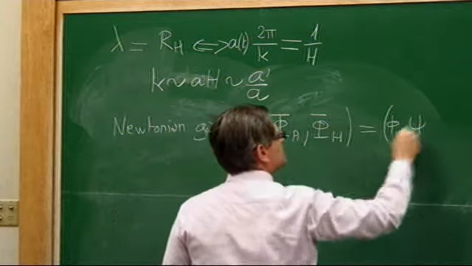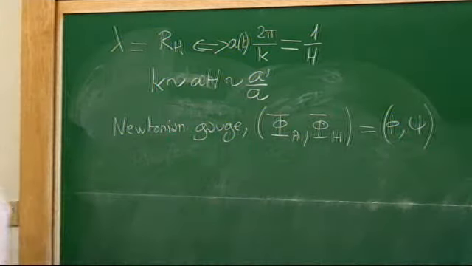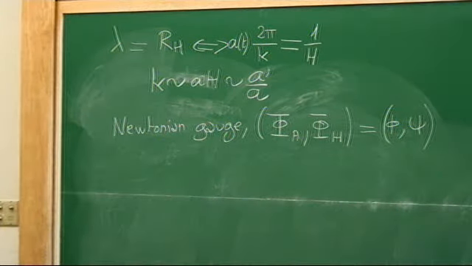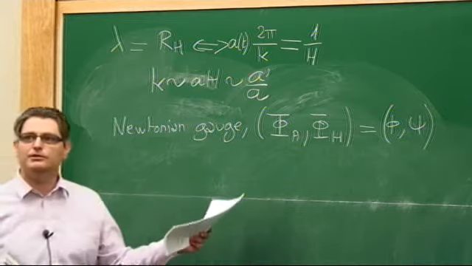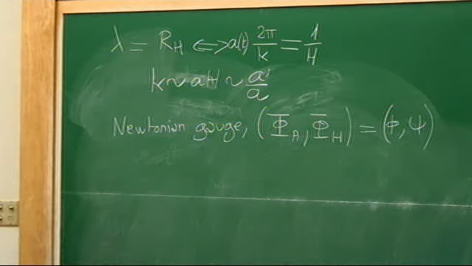It means that the solution that I will get in my Newtonian gauge is actually the same as I would get if I worked with gauge invariant variables. So it's a shortcut with which you avoid finding these gauge invariant equations.